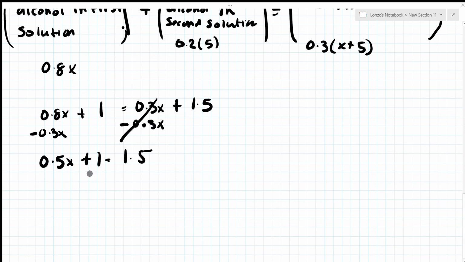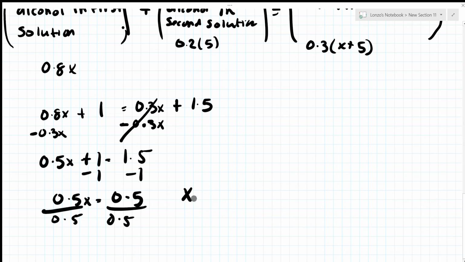Let's move this 1 to the right, so subtract 1 from both sides. So we get 0.5x equals 1.5 minus 1, which is 0.5. So we're going to divide everything by 0.5. You get x equals 1, right? So what does the question say? How many liters of a mixture containing 80% alcohol should be added to 5 liters of a 20% solution to yield a 30% solution?